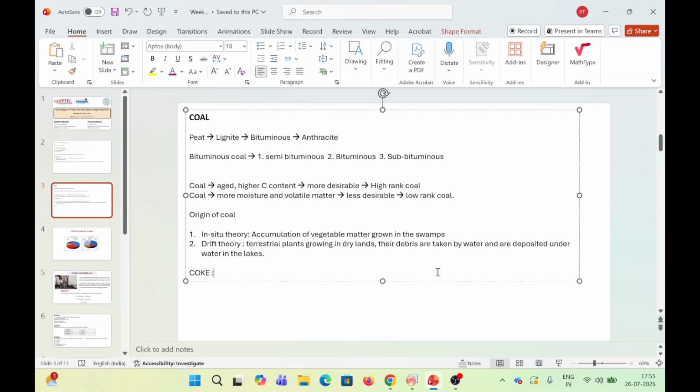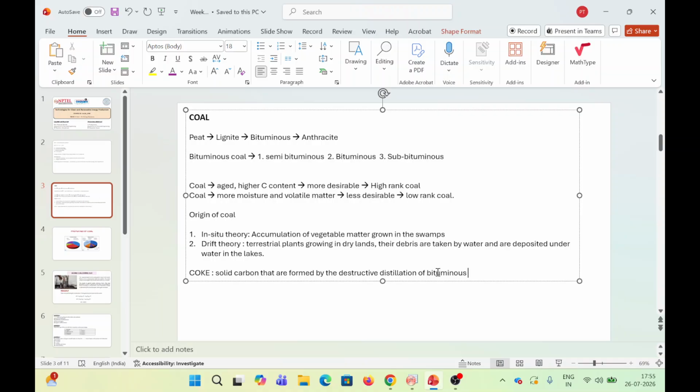So, coke is nothing but the solid carbon that is formed by the destructive distillation of bituminous coal.